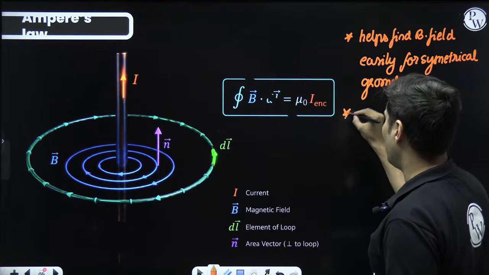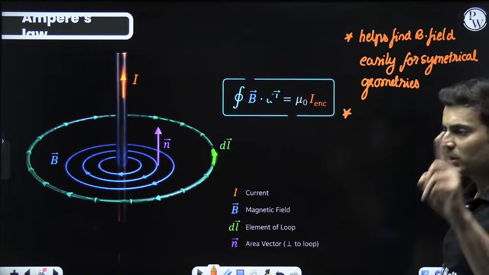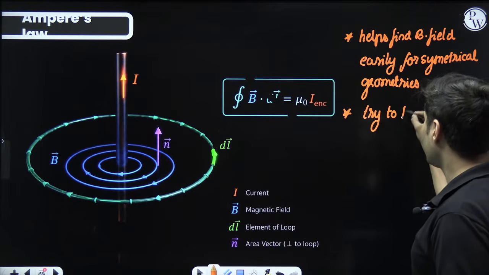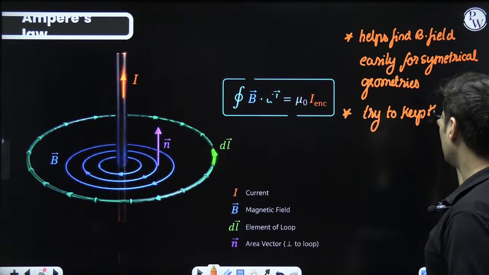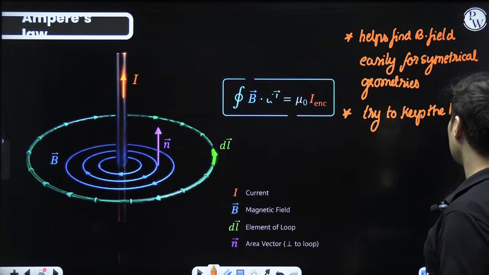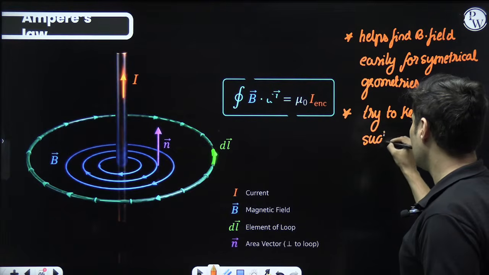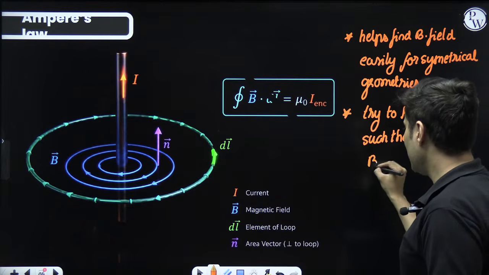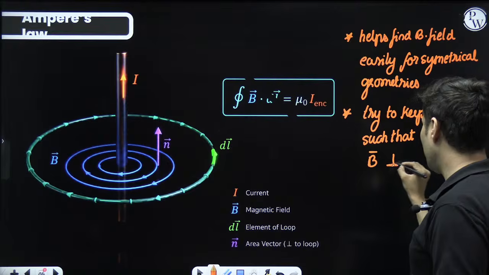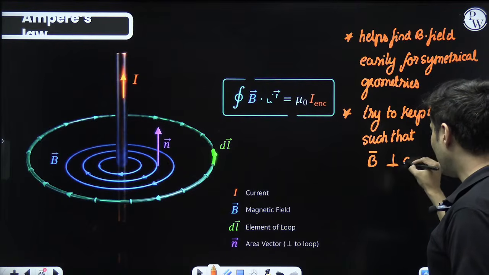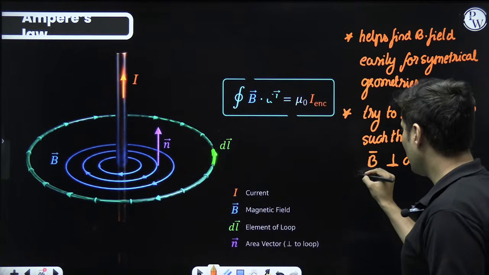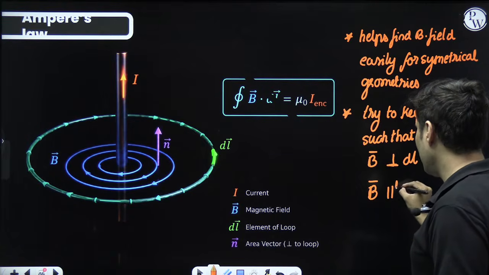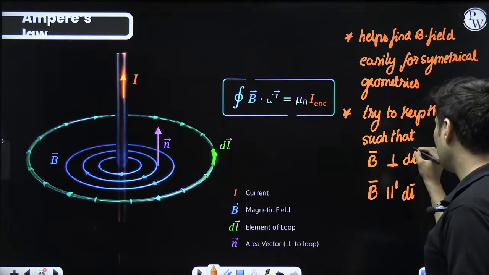Whenever you want to apply Ampere's loop law, keep 2 things in mind. Try to keep the loop such that either the magnetic field is perpendicular to that length or the magnetic field is parallel to that length.